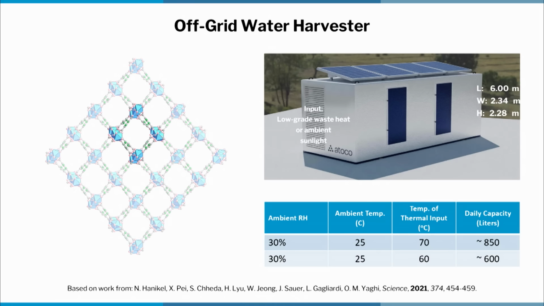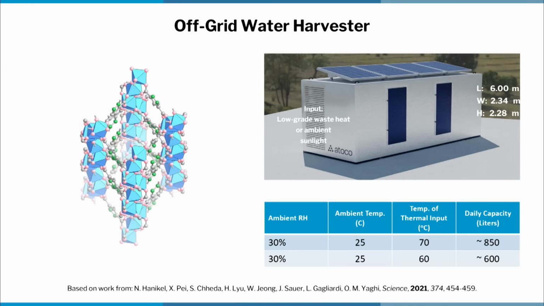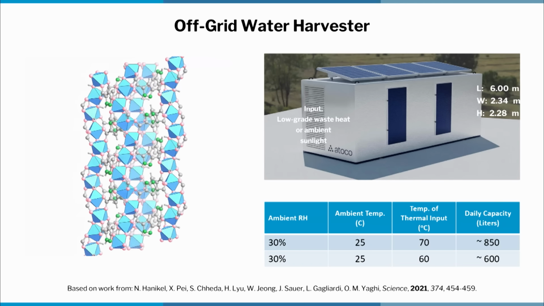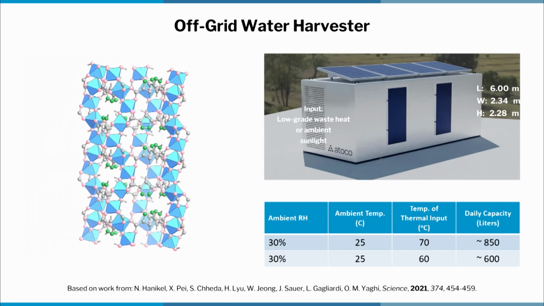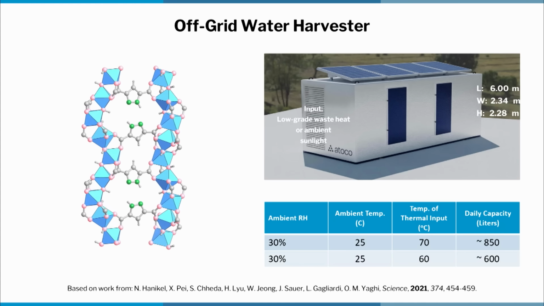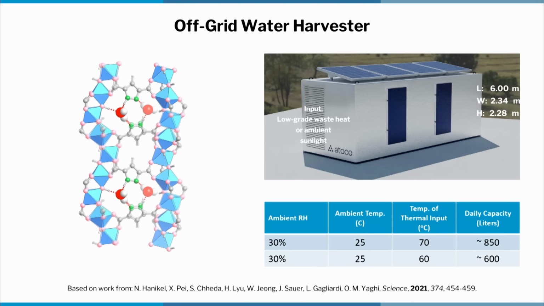In fact, hundreds of applications are being pursued right now in the community, some of them dealing with water harvesting from air. This is where the structures are programmed to pluck out water from air and concentrate the water into the pores.